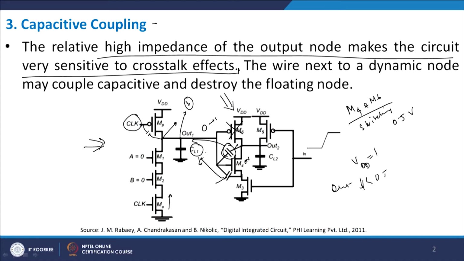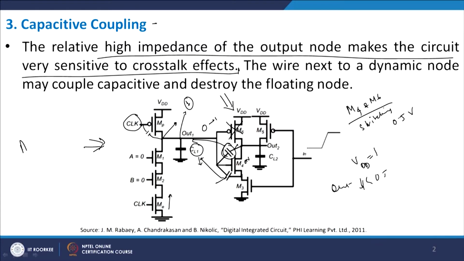You might ask that since CL is not getting discharged, it does not matter whether it is getting charged or not. Very true, but if there is a finite probability that A goes from 0 to 1, you still have no discharge.